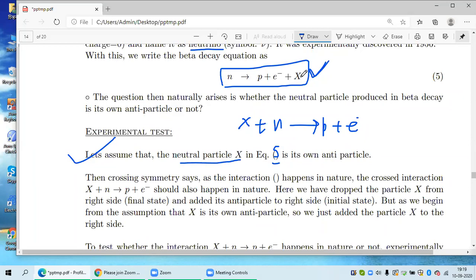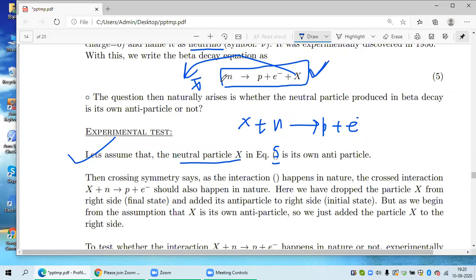Then if I bring X to that side and make it an antiparticle X bar, and all quantum numbers are conserved in this reaction, this will also be conserved, because by taking it to the opposite side by making it X bar, in the equation for quantum numbers I just take the quantum number value to the opposite side by making it a negative number. So that equation and the other equation are the same equations. There is no change in the balance equation of quantum numbers.